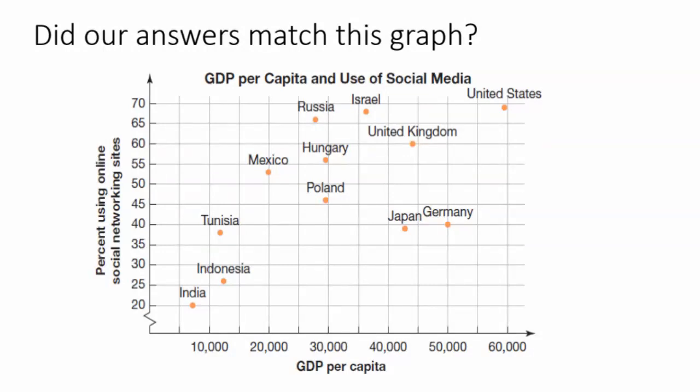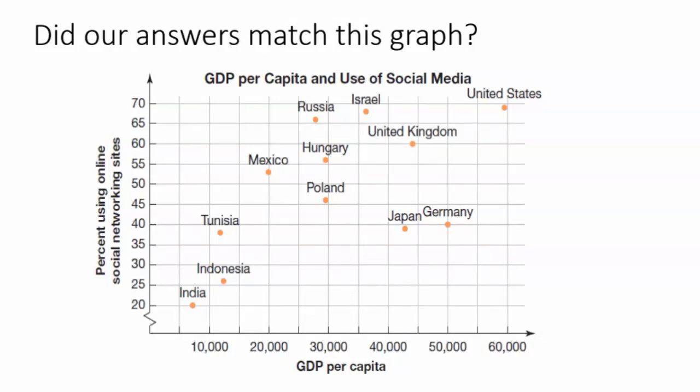Your choice. But notice what each dot represents. It represents the country, because social media and GDP aren't truly related, but we're trying to give them a relationship.